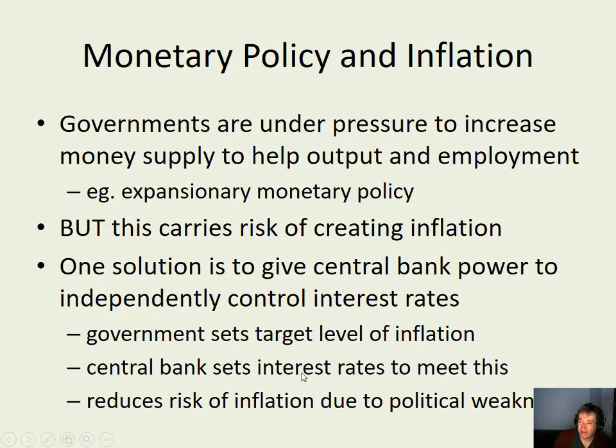The central bank then decides the interest rates which will help meet that. It doesn't care about political pressure. It reduces the risk that you can get into an inflationary cycle due to political weakness. And when you look back at episodes where countries have really struggled to get out of high inflation, it's usually because they've had forces pushing them towards spending money from their political backers.